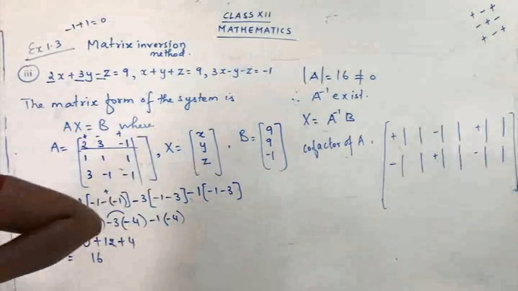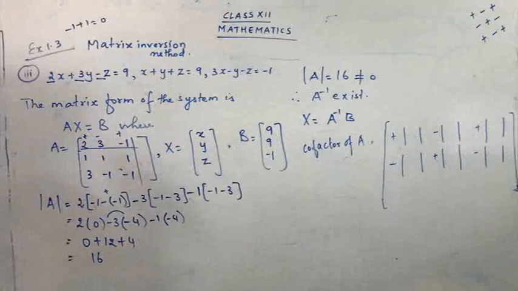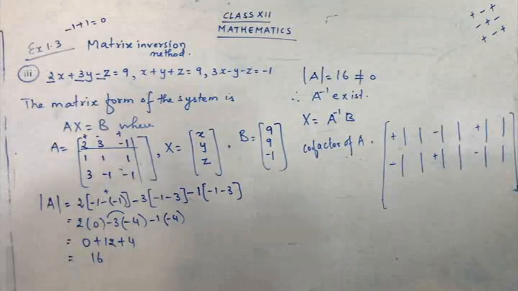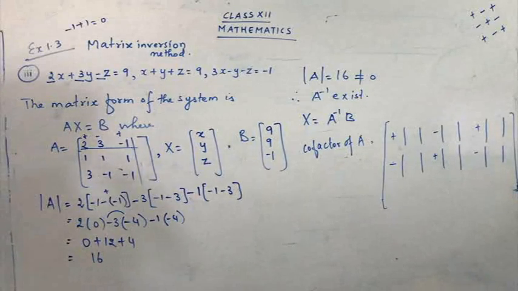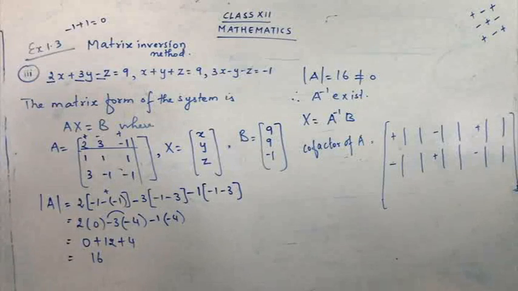Get the answer for the cofactor. See the signs, okay, already I have given you the hint there. You have to use plus, minus, plus, minus, plus, minus, plus, minus, plus. Let's fill the details.